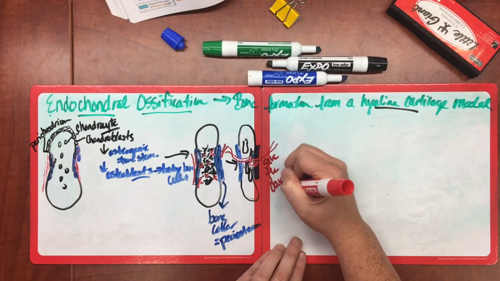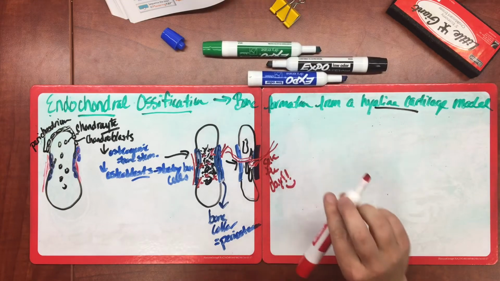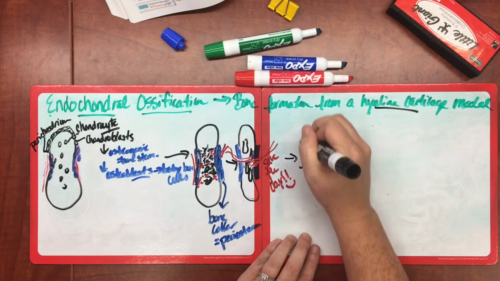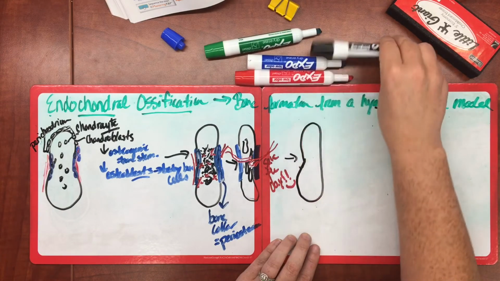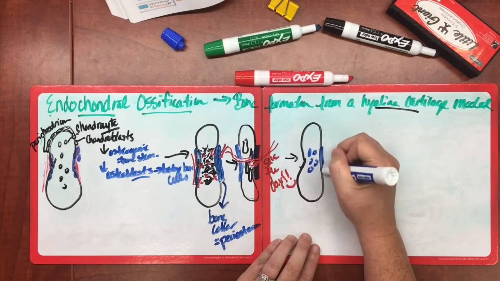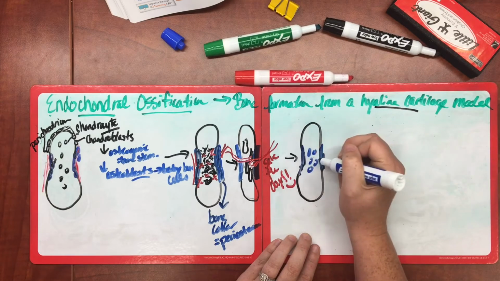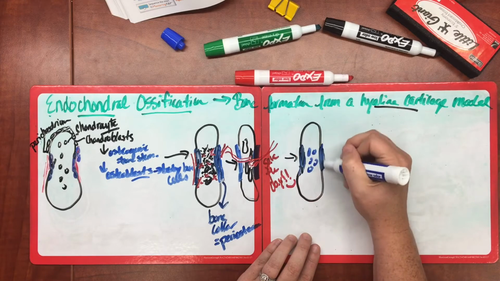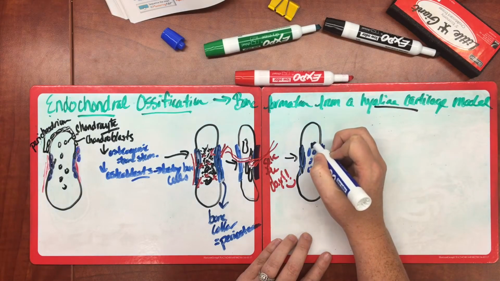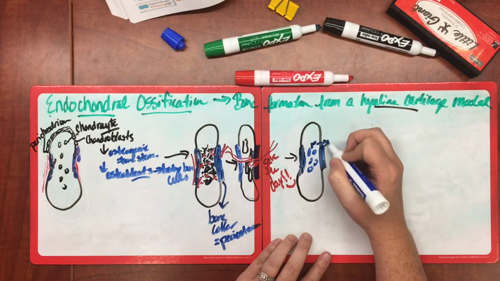So there it comes. It comes in with all its glory, and what it brings with it are, ta-da, osteoblasts. And what do osteoblasts do? They lay down bone, right? So what we call this area right here is the primary ossification center.